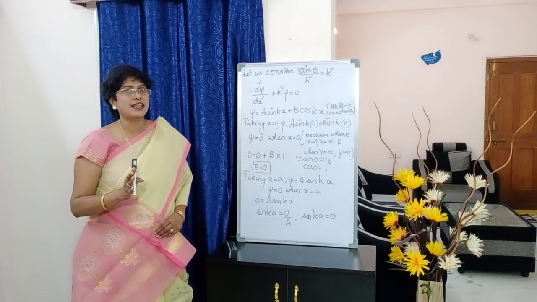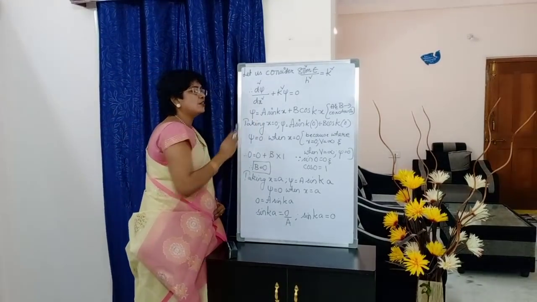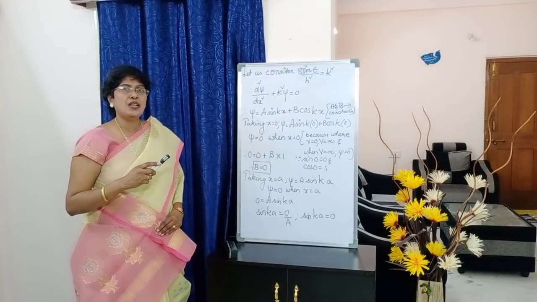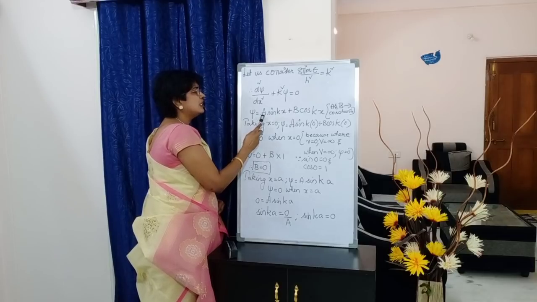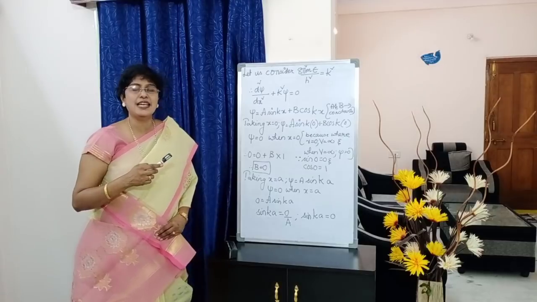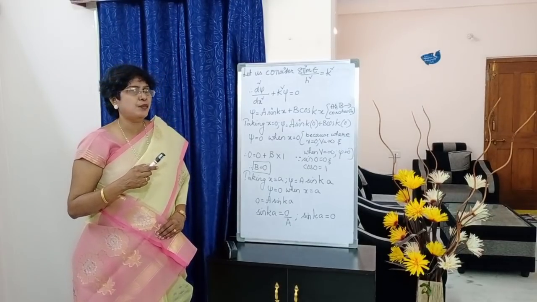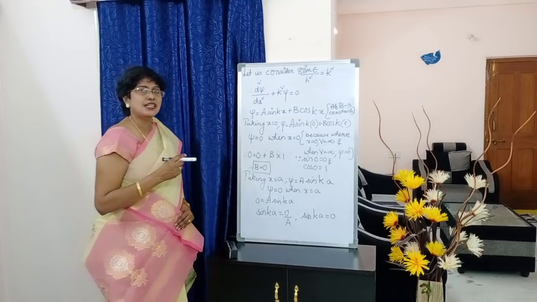Okay, we will not derive but we will directly take the solution. You can write here: the solution of this differential equation is psi is equal to A sin kx plus B cos kx, where capital A and B are constants.